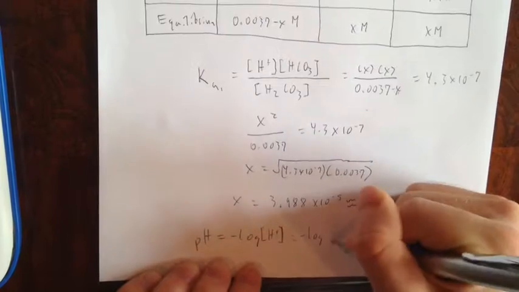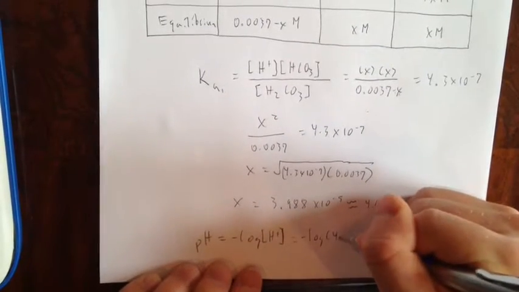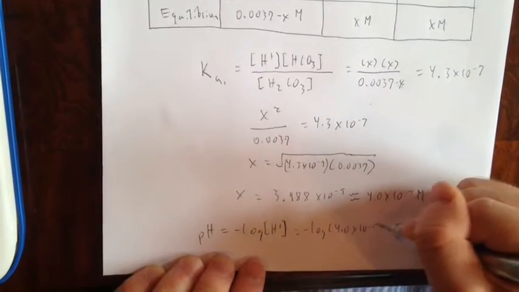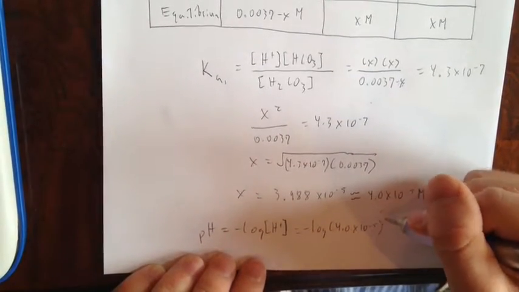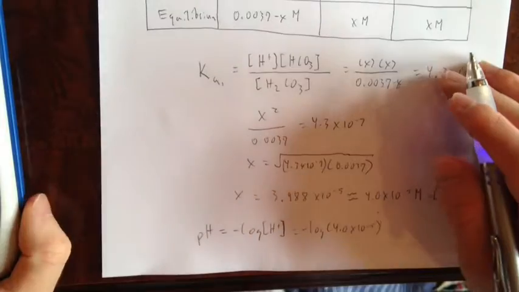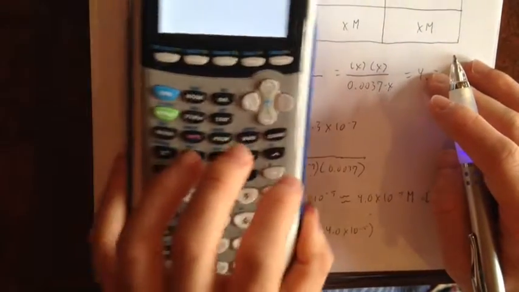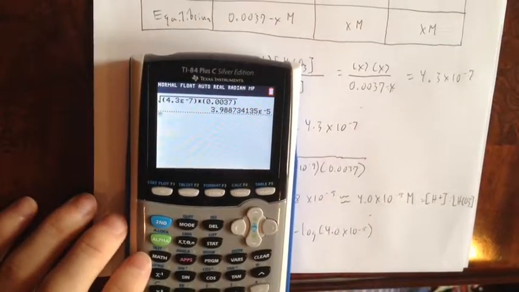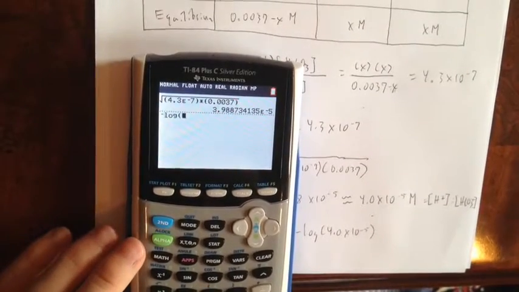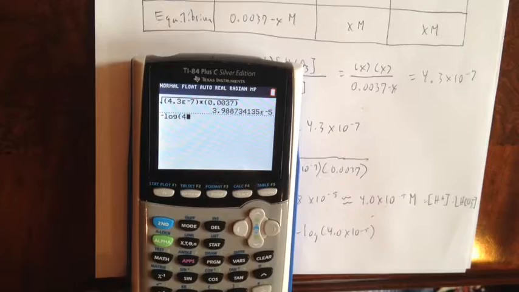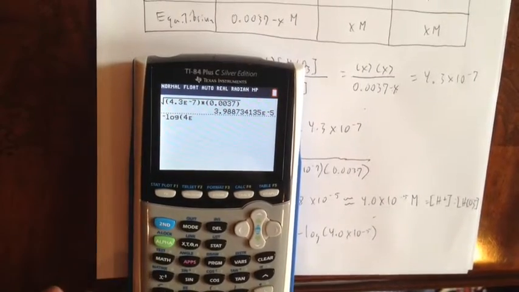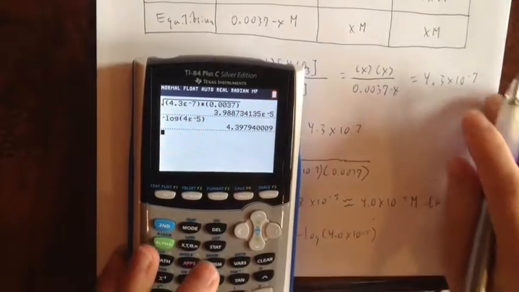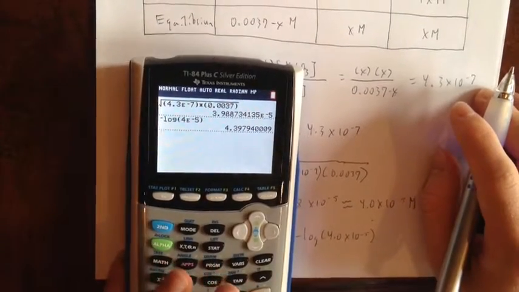We can plug in 4.0 times 10 to the negative 5th for the hydrogen ion concentration. Using a calculator, we can determine that the value of the pH is 4.40.